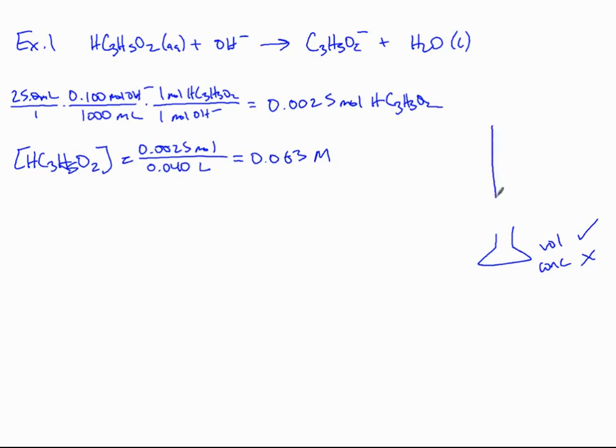And then I've got this burette and it's sodium hydroxide. We know how much volume we added, so it probably went from here to here. The volume was 25, so that's known. Concentration was 0.1, which means we knew moles.